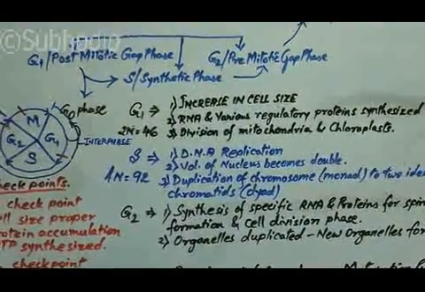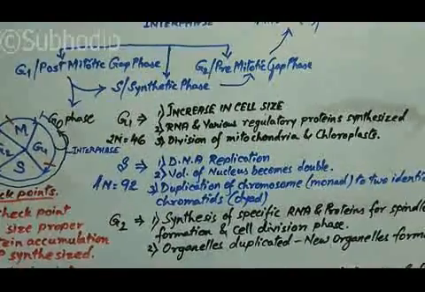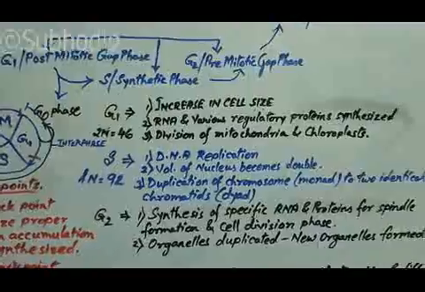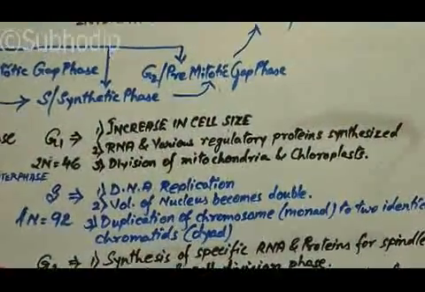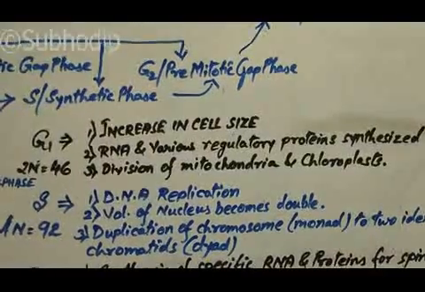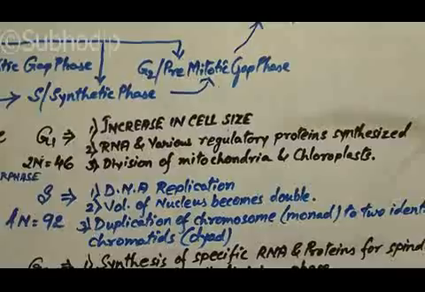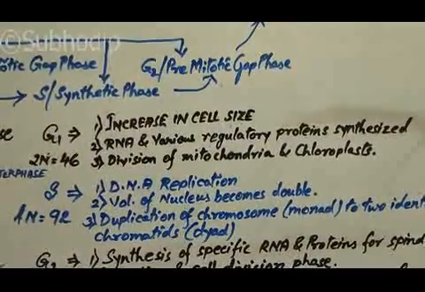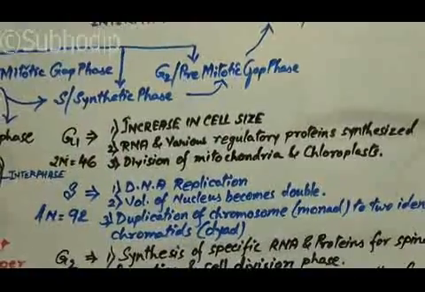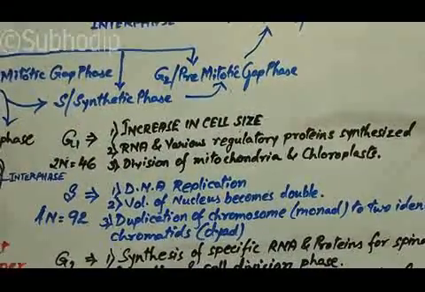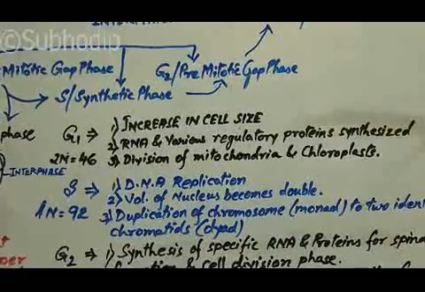In G1 or post mitotic gap phase, the cell size increases. The RNA and various regulatory proteins are synthesized. Division of mitochondria and chloroplast occurs to provide energy. In G1 phase, the number of chromosomes, that is 2n, is equal to 46.